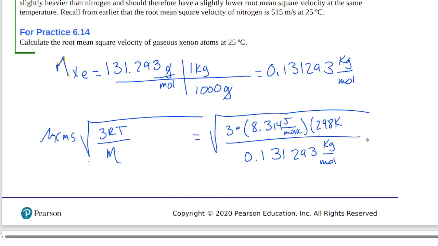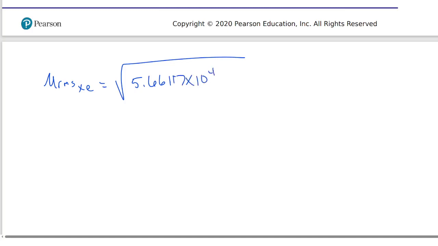Okay. Now, if we convert that to energy units, we get the square root of, I don't know if you can see that. Let me move down a little bit. All right, so our nu RMS for xenon is equal to the square root of 5.66117 times 10 to the fourth.